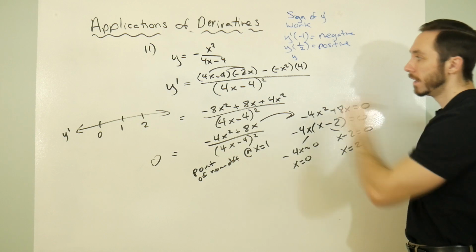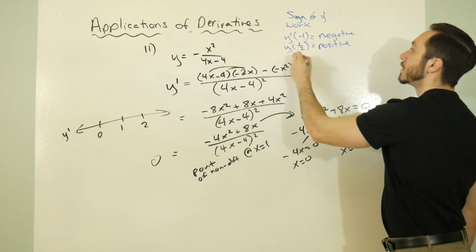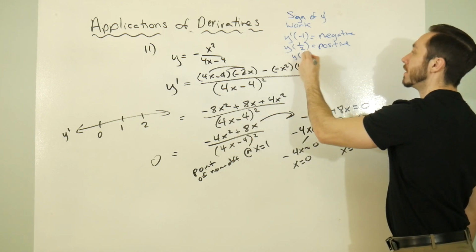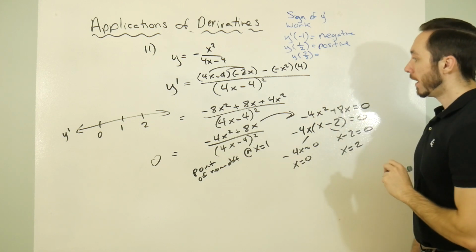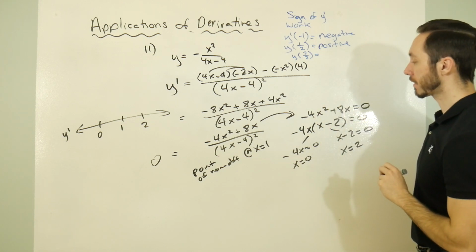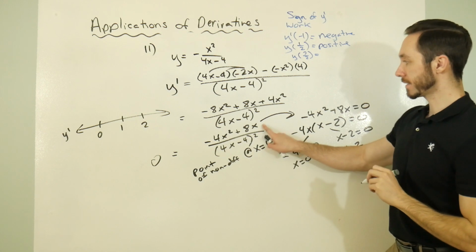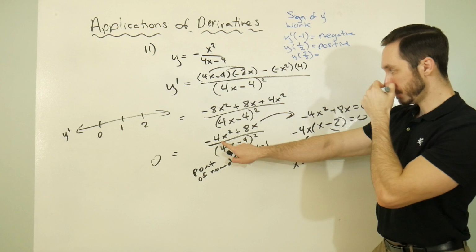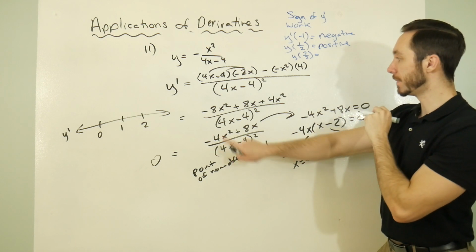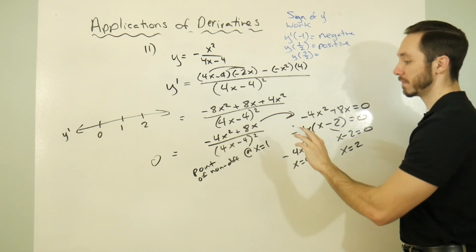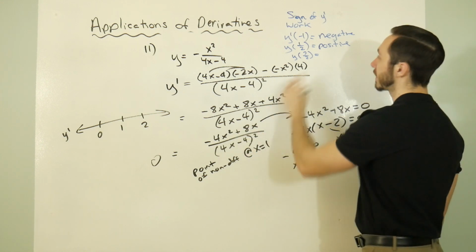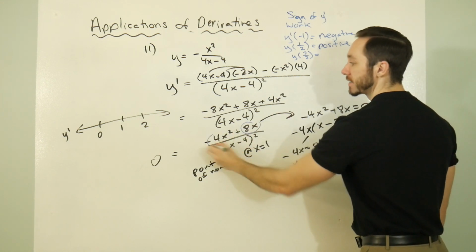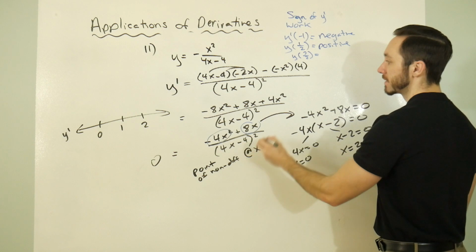Let's plug in a point in between 1 and 2 now. So I'll plug in 3/2. All right, so if I plug in 3/2, this is positive, this will be positive. This will also, no, this is going to be negative, right? And I actually do have to test to see which one wins this battle. I'm going to plug in 3/2 to this, and I'm going to plug in 3/2 to this, and I'm going to see what happens.